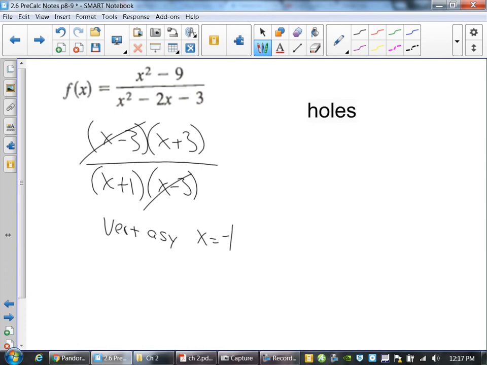Now, what I want you guys to see is what happens when you have the curve in your calculator. Let's go to our calculator and put this in.